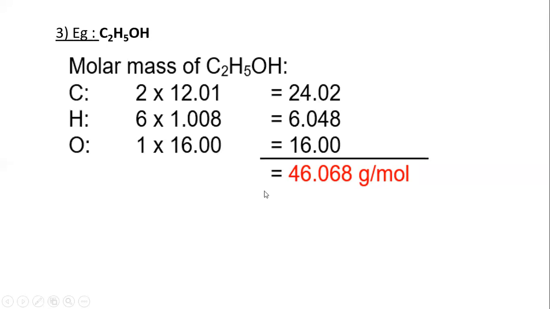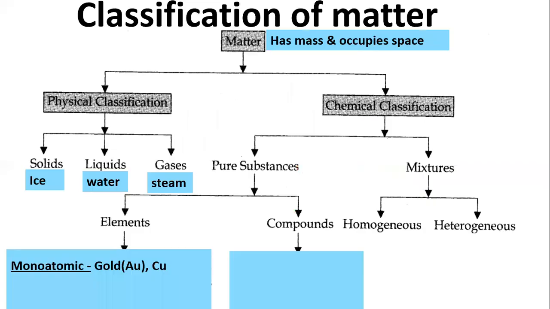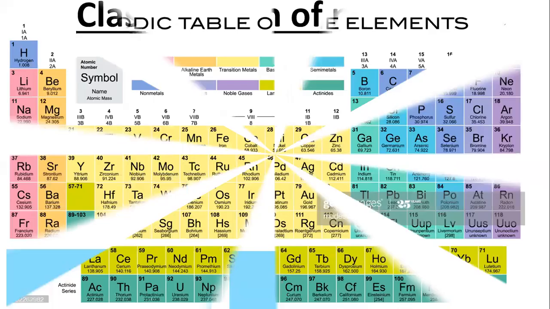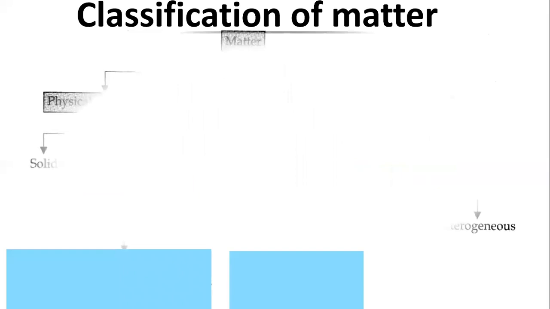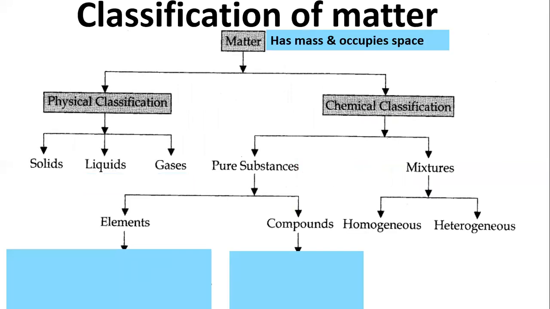Okay. Now by this the video gets over. In this video we learned what is meant by matter and the classification of matter. Matter is classified into 2 categories, physical and chemical classification. They are further classified into solid, liquid, gas, and in chemical classification, pure substance and mixture.